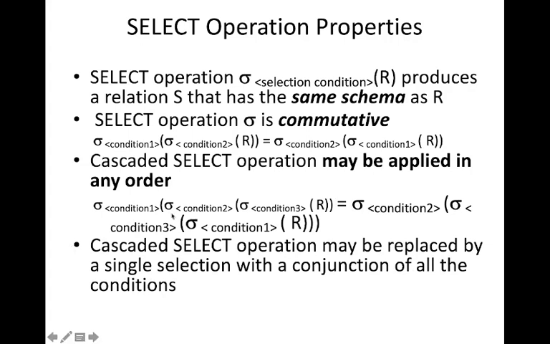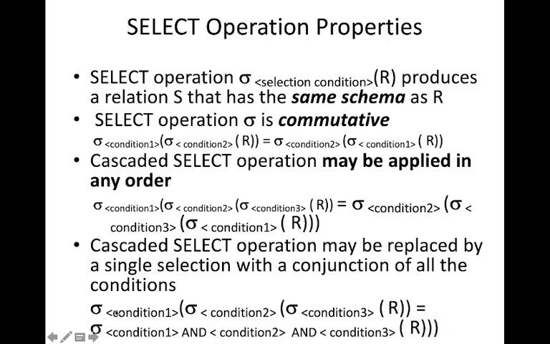Then a cascaded select operation may be replaced by a single selection with a conjunction of all the conditions using an AND operator. So this is a cascaded select operation.